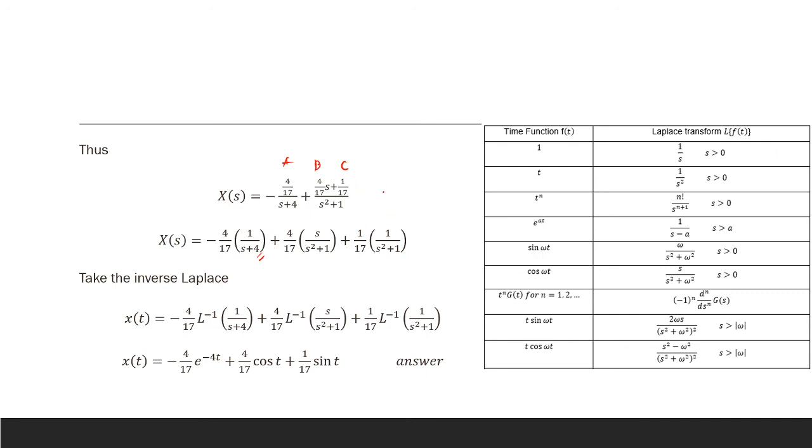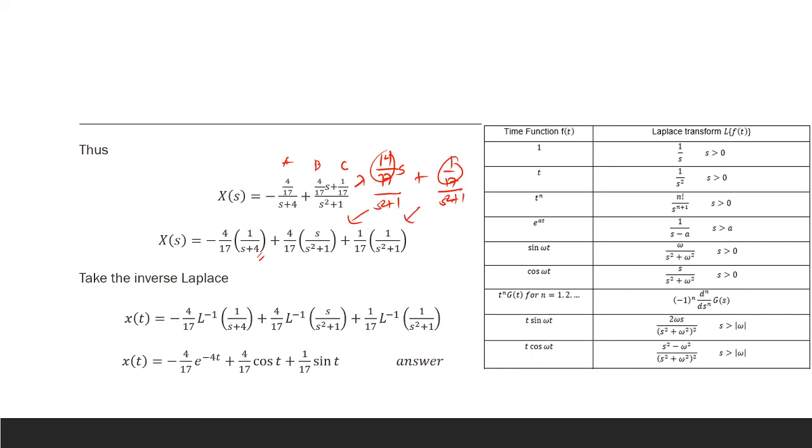Ang matitira na lang is sa taas is just 1 over S squared plus 1. Again, ano yung ginawa natin? Pinaghiwalay natin to, tapos finactor out natin yung 4 over 17 saka 1 over 17. So, itong dalawang to yung kinalabasan nila.